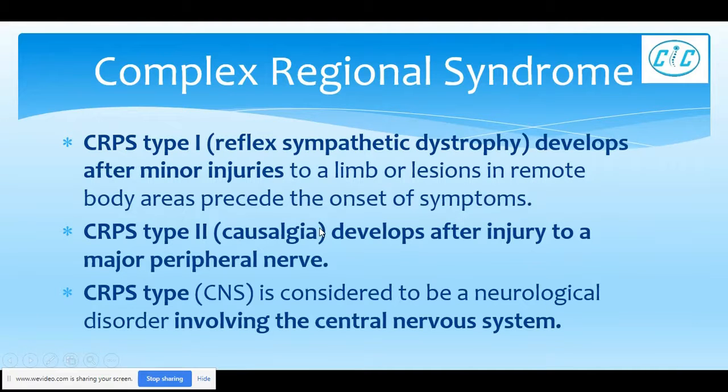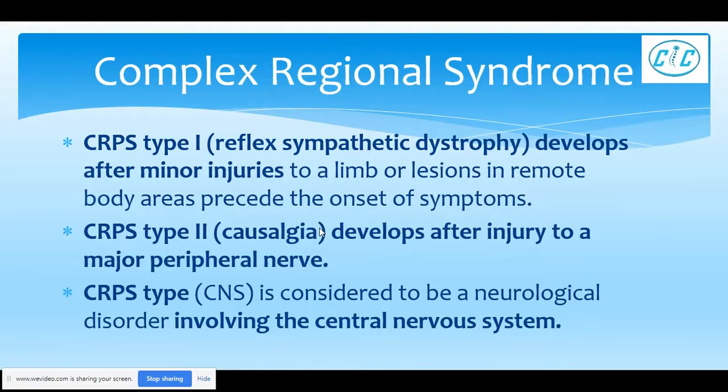There are at least two types of complex regional pain syndrome that are usually talked about at conferences, and they are the more general and more understood types of syndromes. One is type 1, the other is type 2.